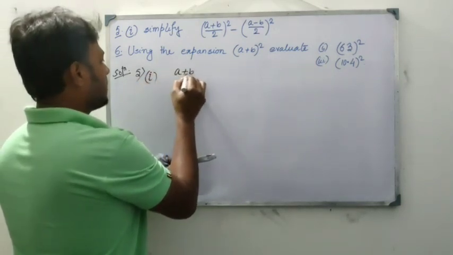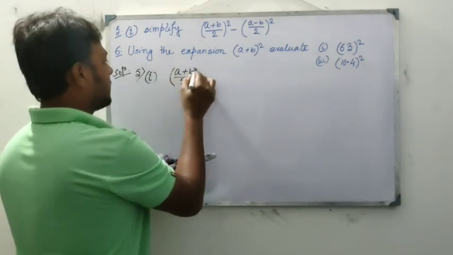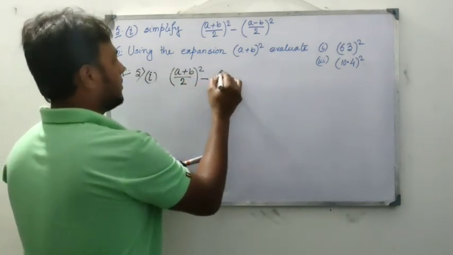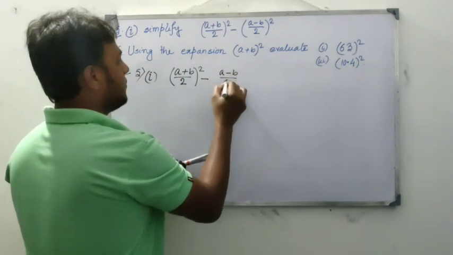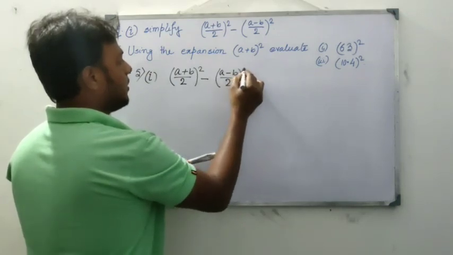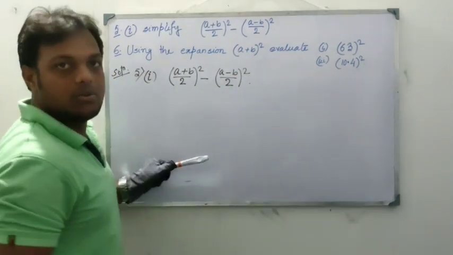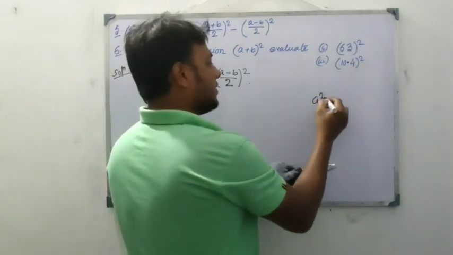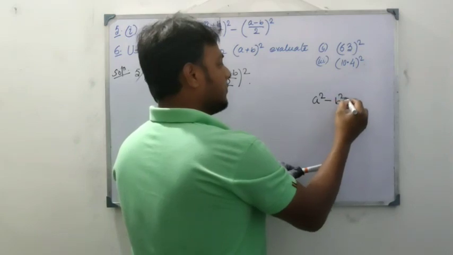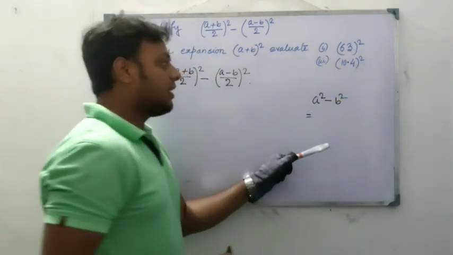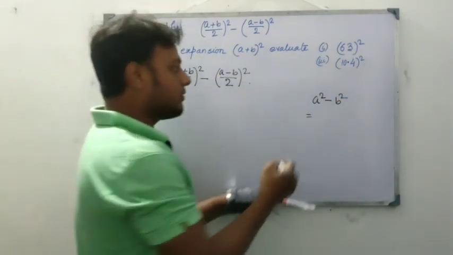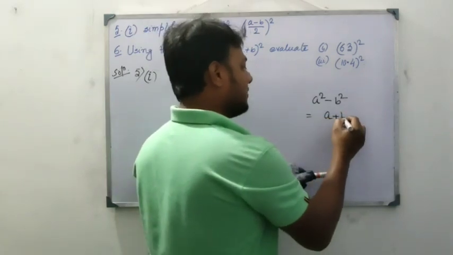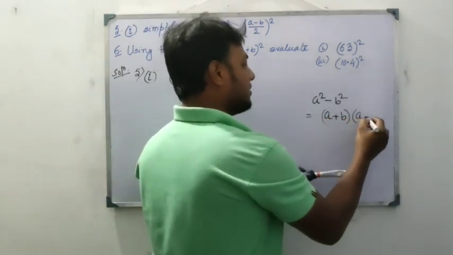(a plus b) by 2 whole square minus (a minus b) by 2 whole square. Okay. To simplify it, we know an identity for a square minus b square. Just to remind you, we know that a square minus b square equals (a plus b) into (a minus b).